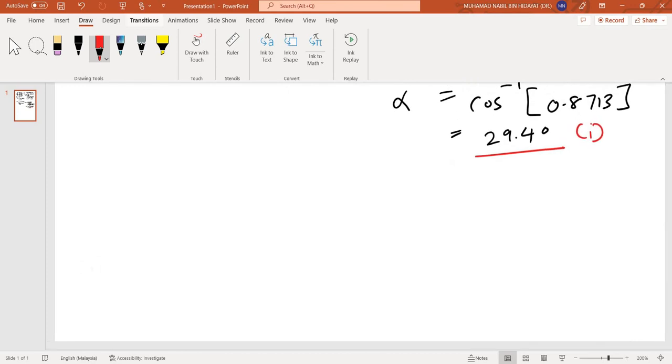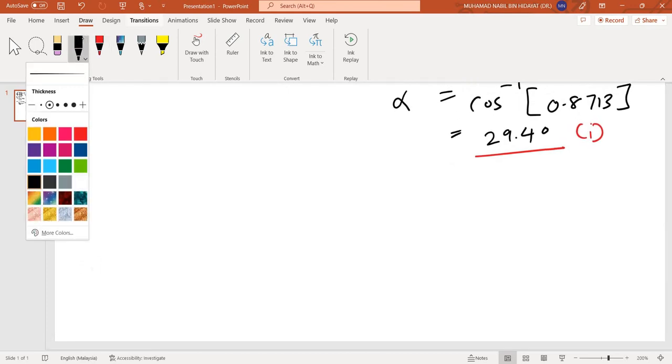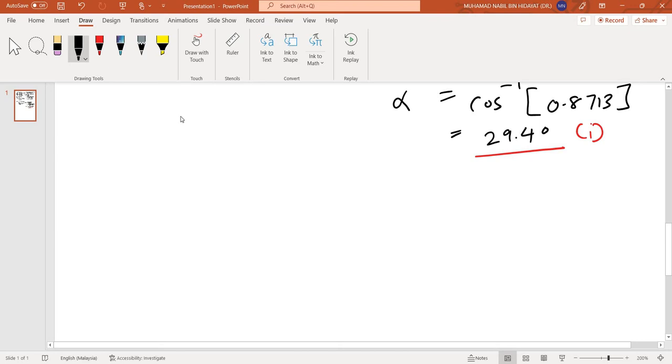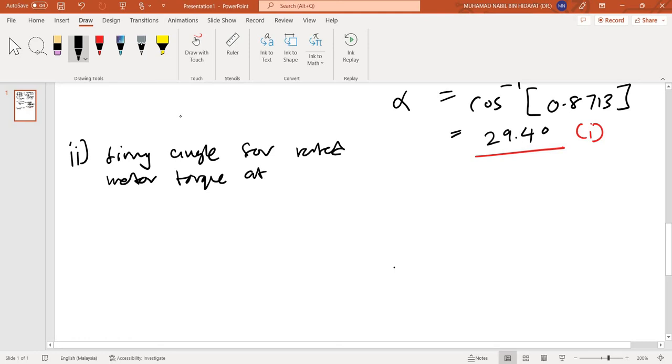Now for question number 2, the rated motor torque at minus 500 rpm.